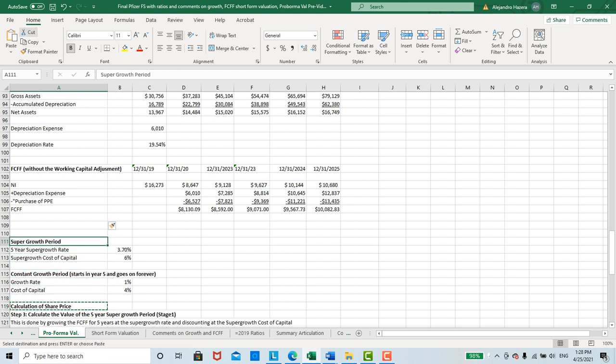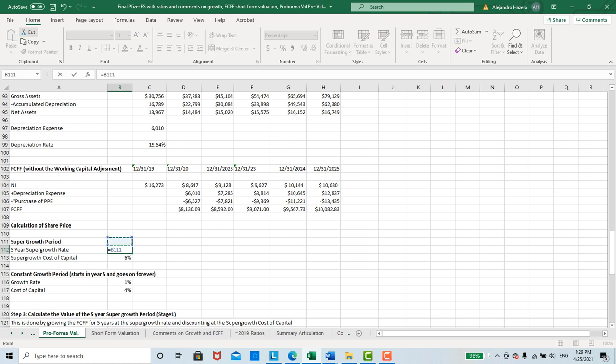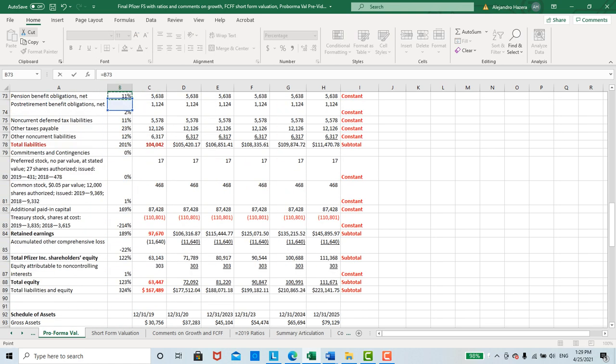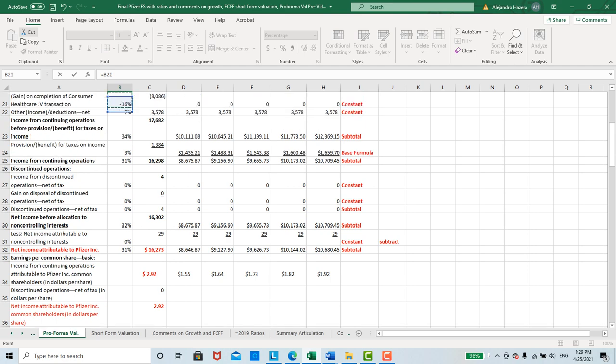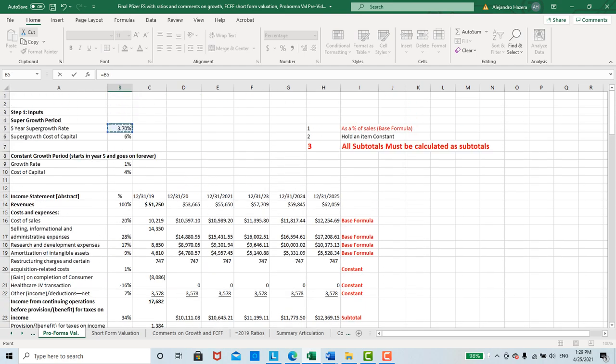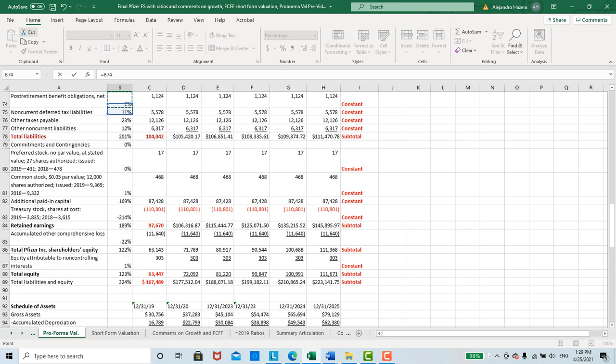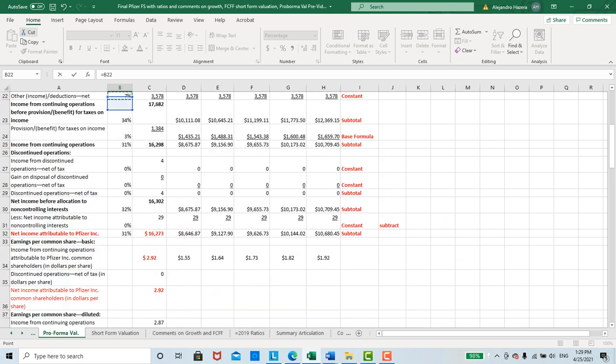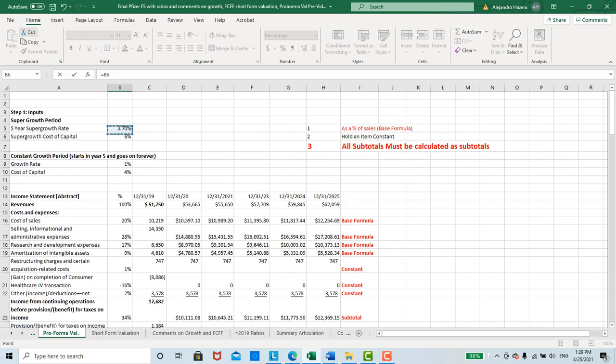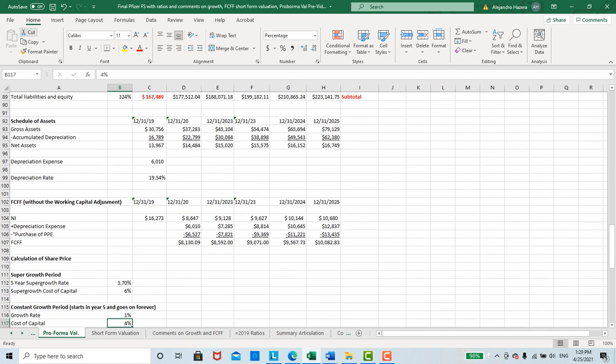Even though I'm copying those down for convenience, I want to emphasize one thing: make sure that they're equal to your initial inputs, because one of the purposes of building pro forma statements is to play what-if analysis.